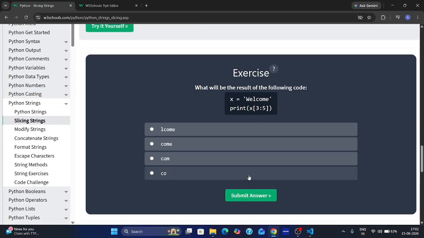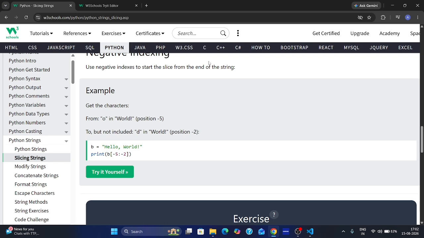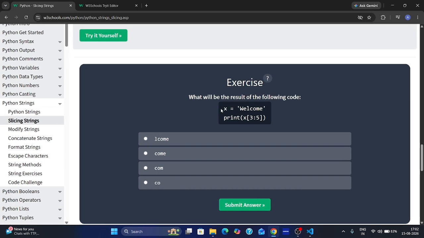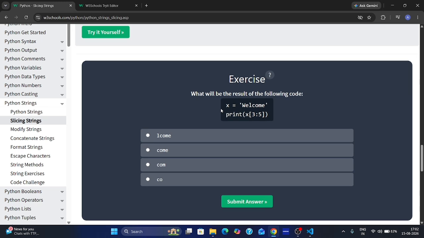Let's see the exercise. We have covered negative indexing and all. What will be the result of the following code? x is equal to Welcome. The variable is Welcome. print x[3:5].